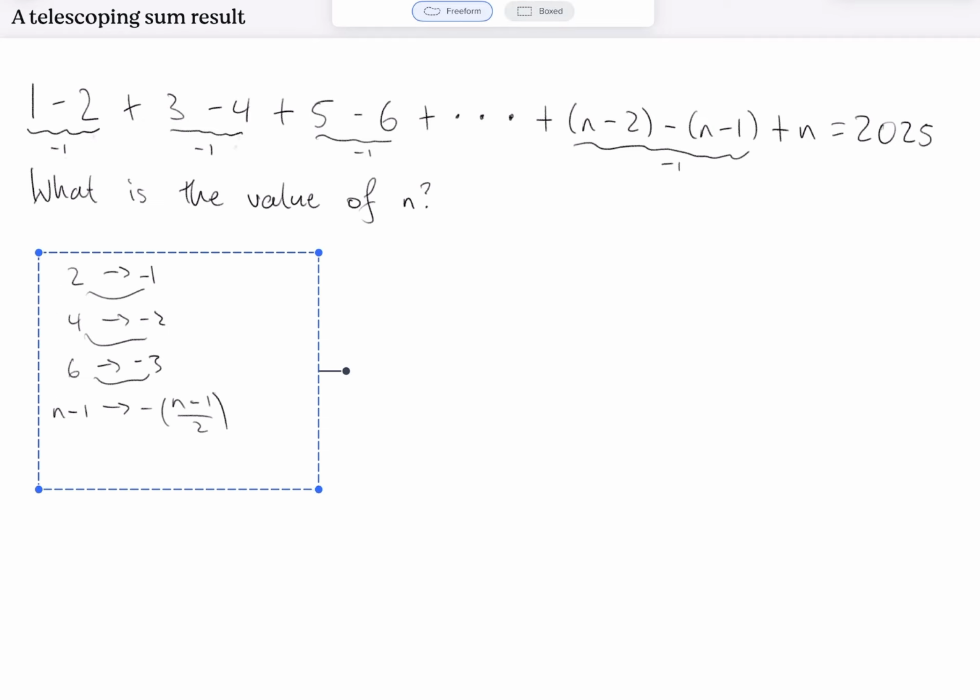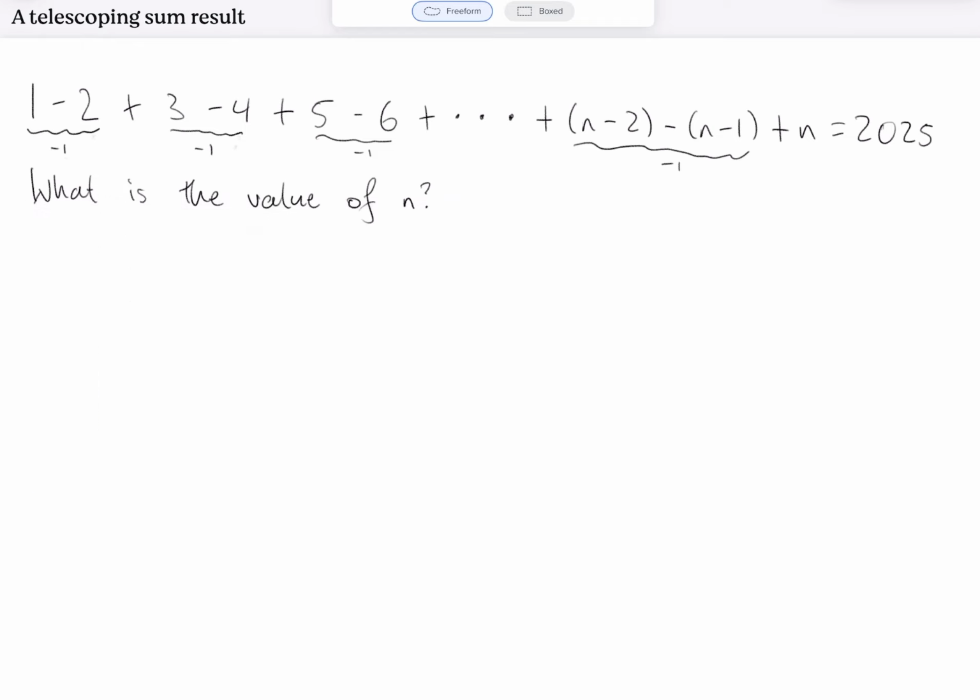So let's simplify. We have the left-hand side, and that would equal, up until this term, as I've just shown, a negative value, n minus 1 over 2.